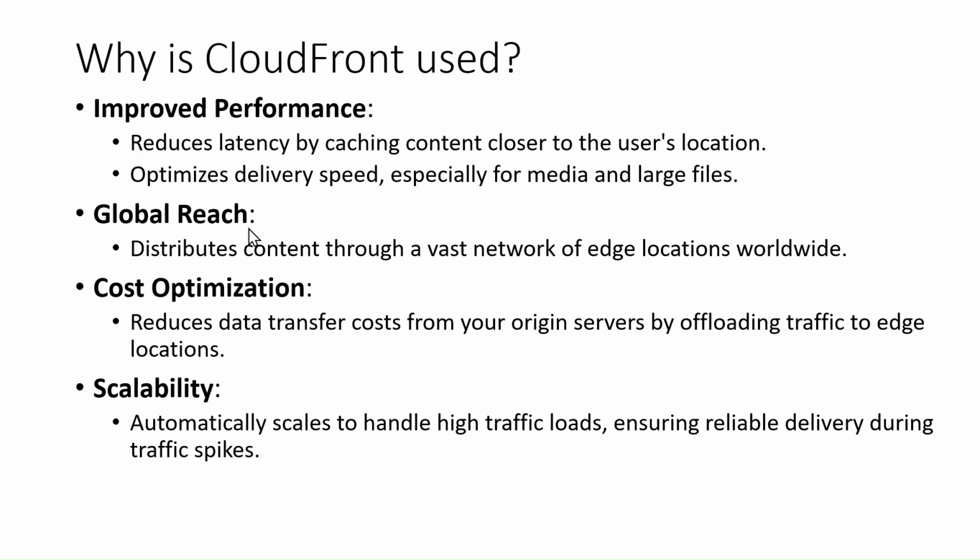Third, global reach: content is distributed through a vast network of edge locations worldwide. Each edge location is linked internally, so they check one edge location after the other through the network before reaching the data center. Fourth, cost optimization: reduced data transfer cost.